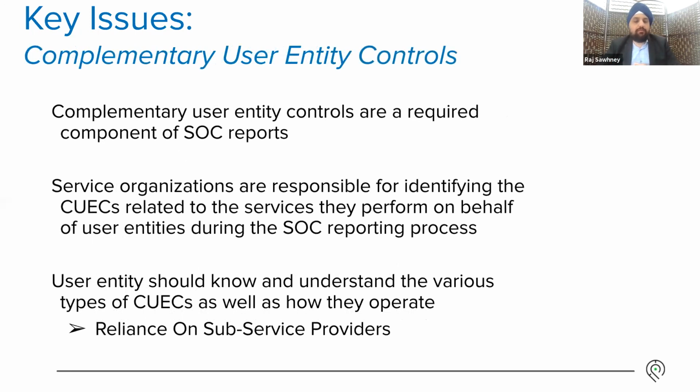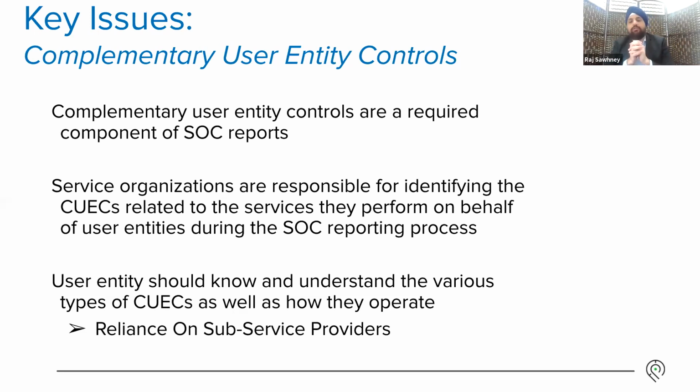All right, so getting to the crux of the matter, the complementary user entity controls. The service organization is responsible for identifying the CUECs. When I am the issuer of the SOC report, as I mentioned, you can actually search for "complementary" in the SOC report and it'll pop up.